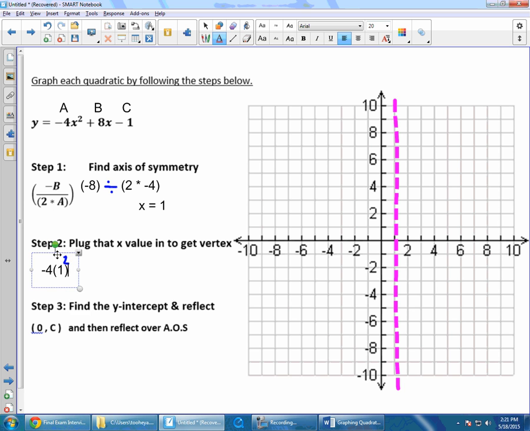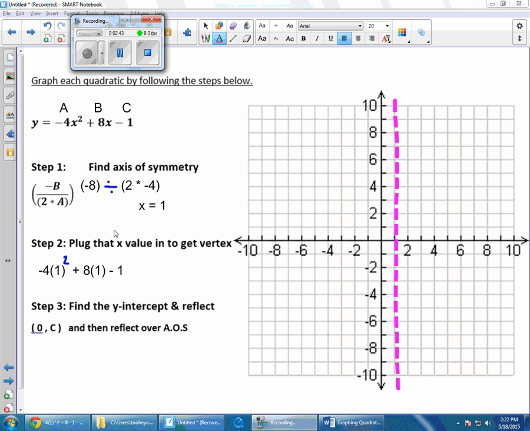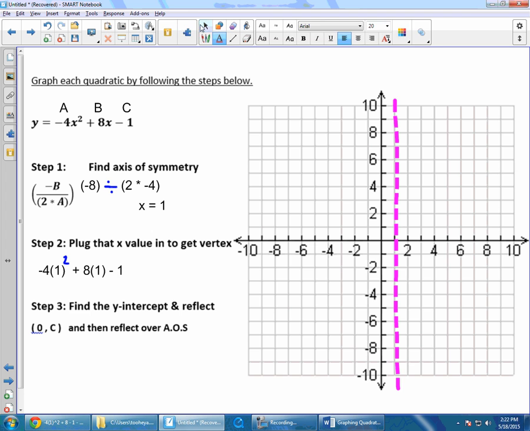So it was a 1. I move around there because I don't have a square button. Plus 8 parentheses 1 minus 1. I plug all that in my calculator and hit enter. My answer when I plug that in gets me 3.